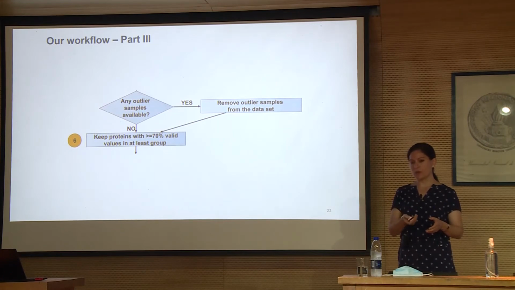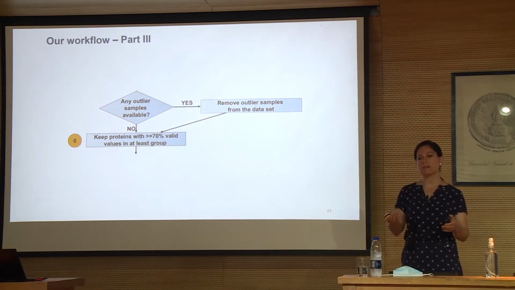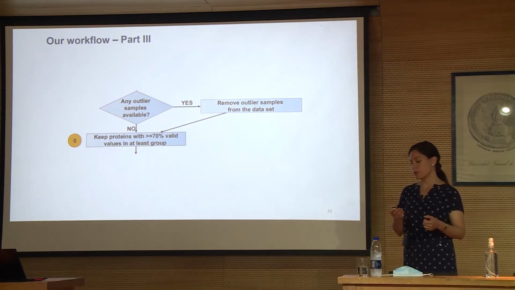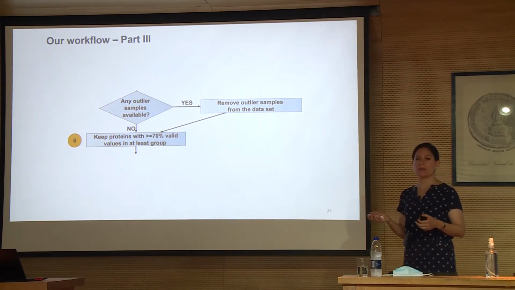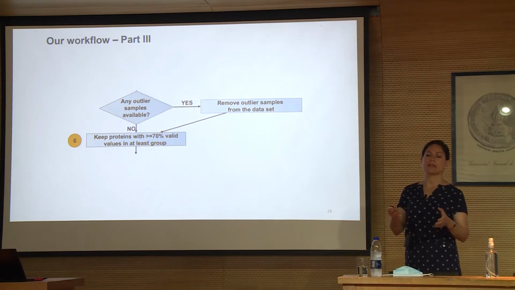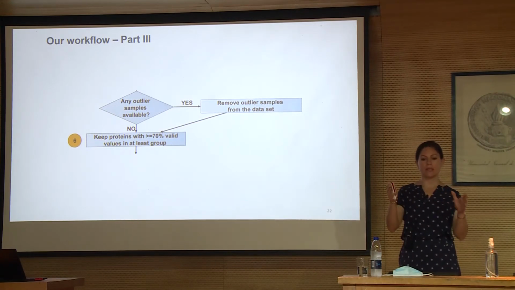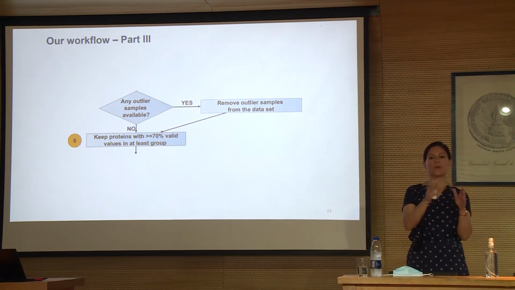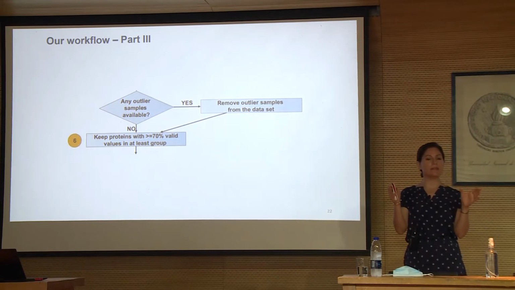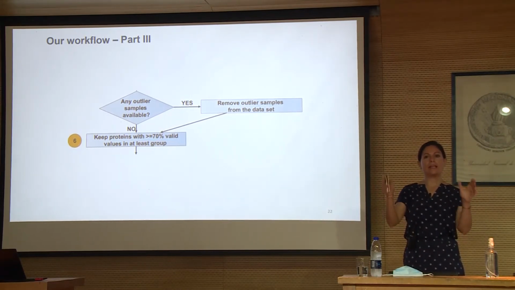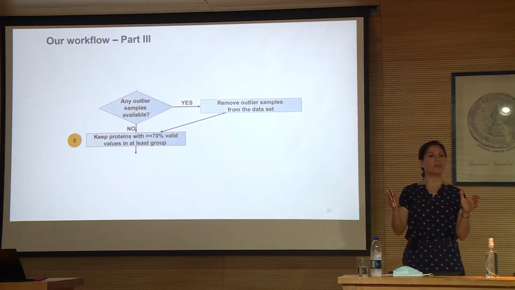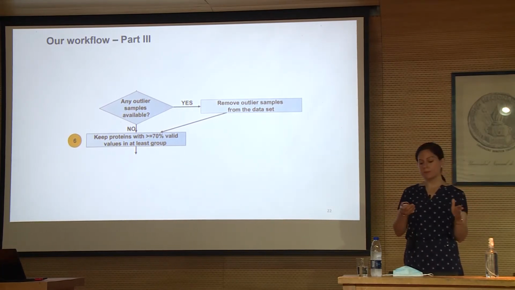And the threshold, we tried different cuts and different thresholds, but what we decided is to keep all the proteins that are represented by 70%, meaning that in that cluster, we know for a protein, at least in 70% of them, in one group. It's enough that it appears in one group.